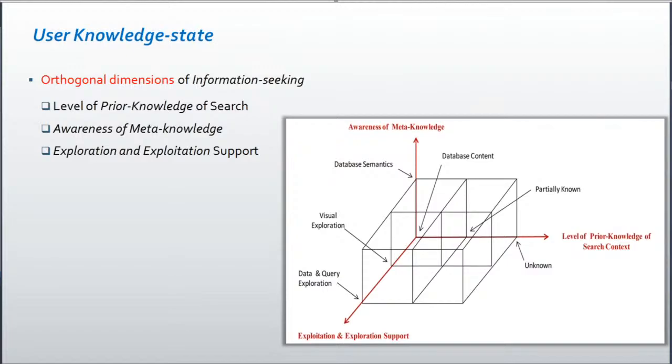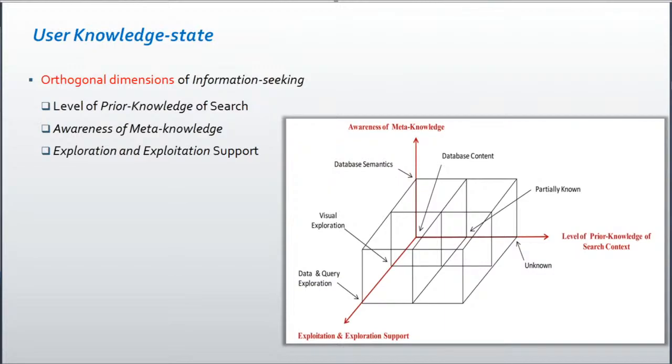You are exploring, you are not digging into it. You are simply exploring the titles of the books for machine learning. So this direction is important: how much your system is able to achieve in these two behaviors, exploitation and exploration support to the user search in these two dimensions, right? So you can understand that.